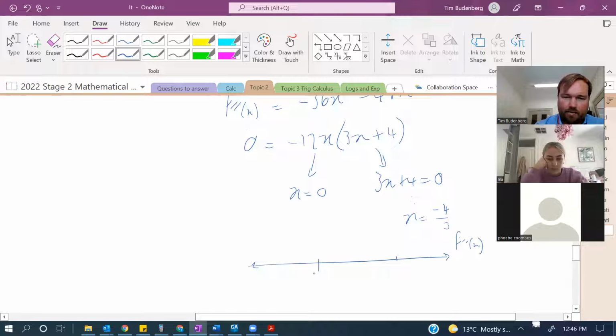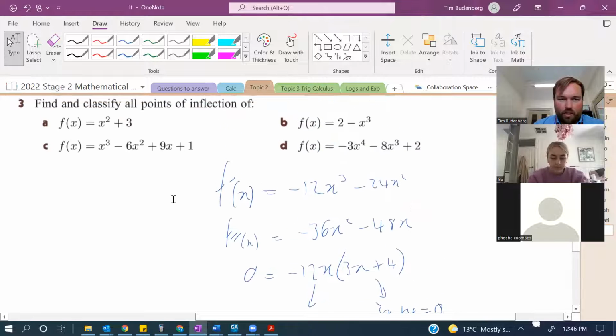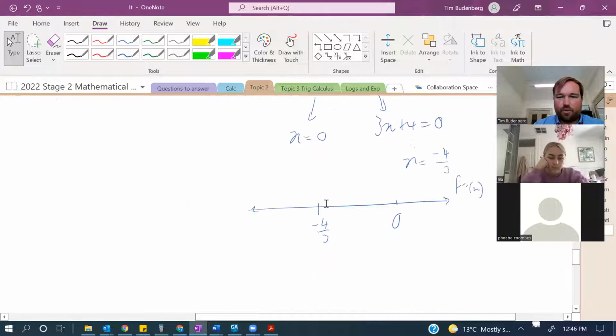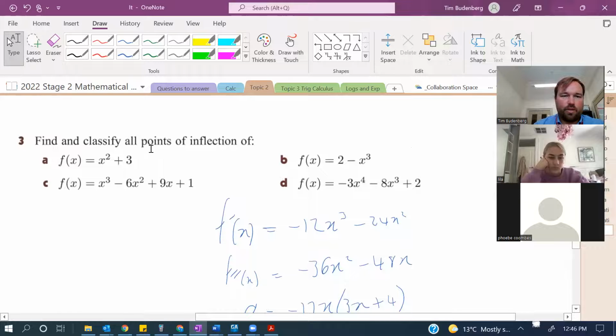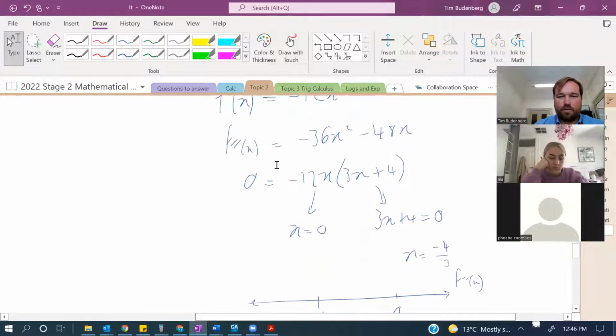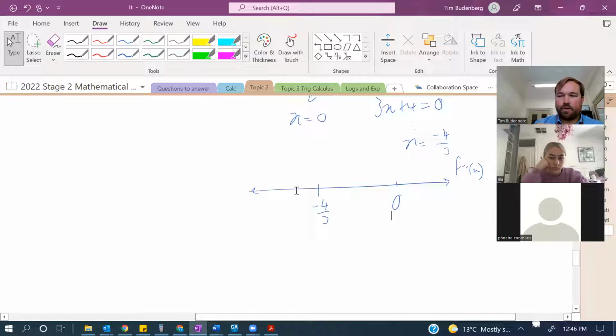is occurring at -4 on 3 and 0. It means there are going to be points of inflection at those two, but we don't know what type of points of inflection they are, like whether they are going concave up to concave down or vice versa.